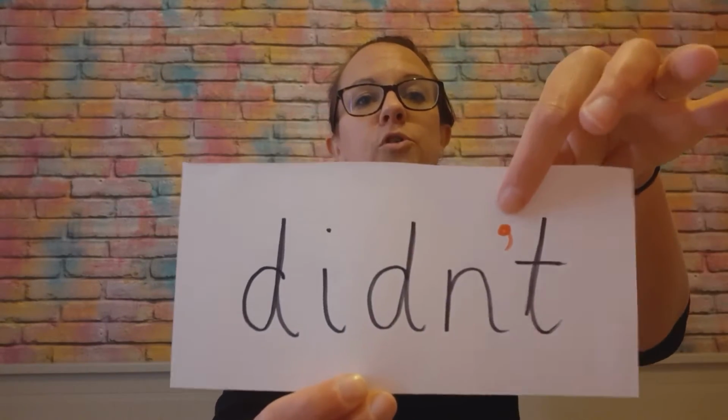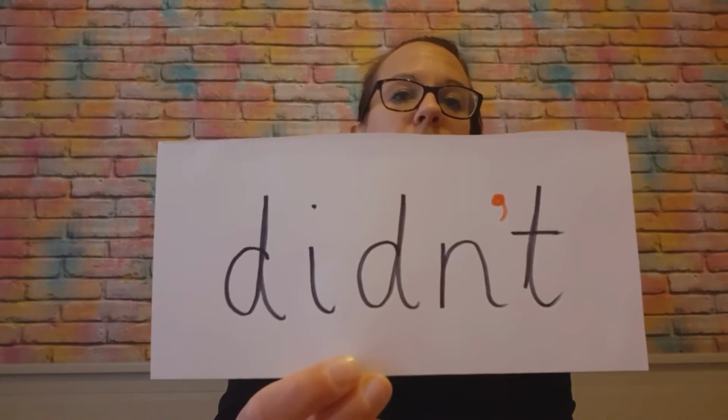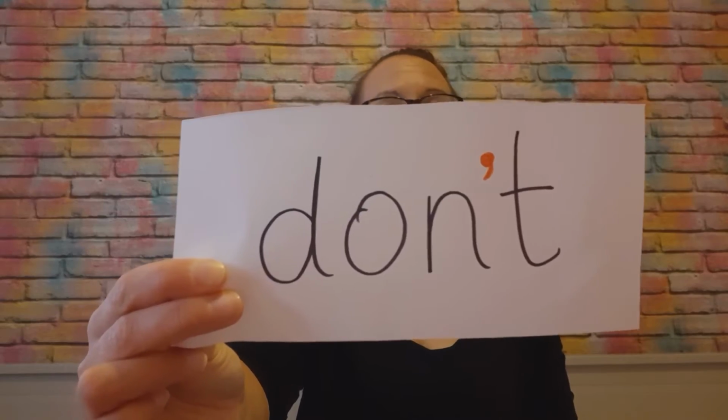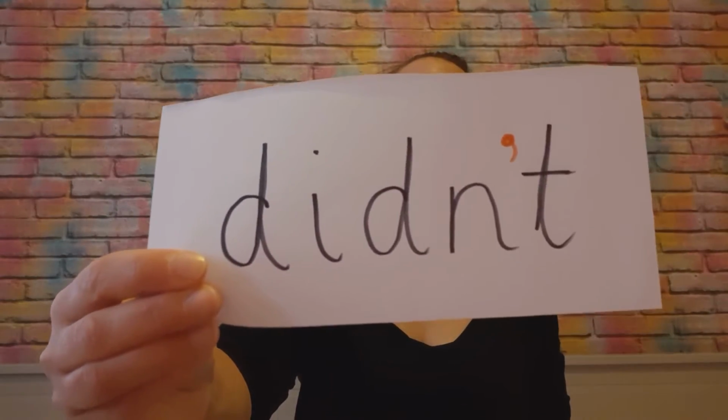So we've got an apostrophe where that O was in didn't. Okay, so now we've learned two words already that use an apostrophe for contraction. We've got don't, say that one at home, don't. And we've got this one, didn't. I'm going to do two more today, and then like I say, we've got lots of other words this week. All the ones today have not at the end, but we do use apostrophes for contraction for lots of other words as well.